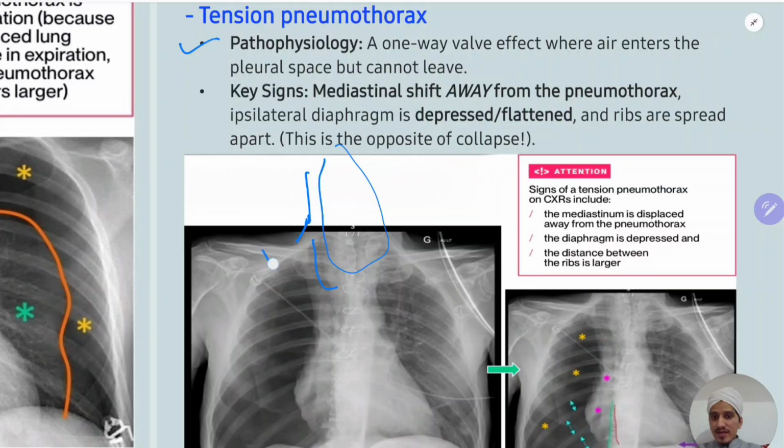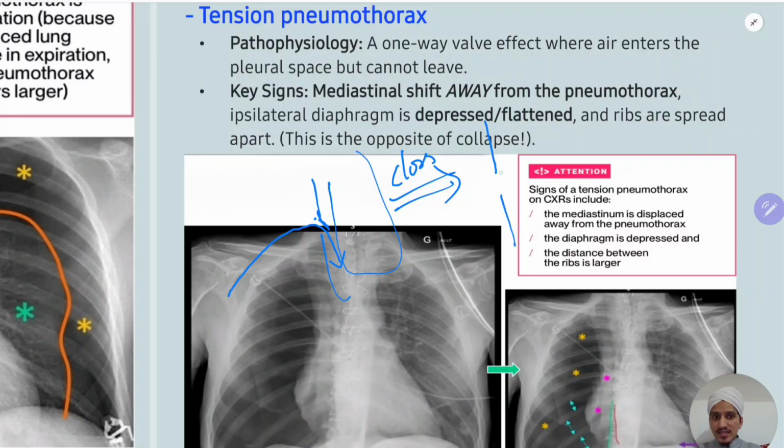While entering, the air will enter like this, but when the air tries to move out, this flap will close. So more and more air gets accumulated and it will not leave the pleural space. There will be chest pain, the patient will be breathless, BP may fall, and saturation will fall.